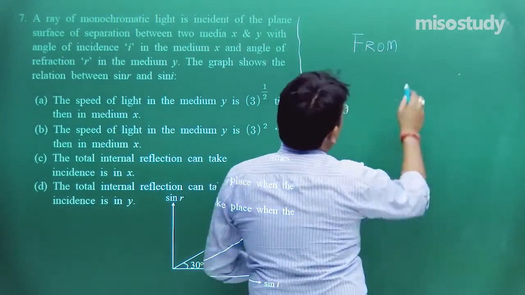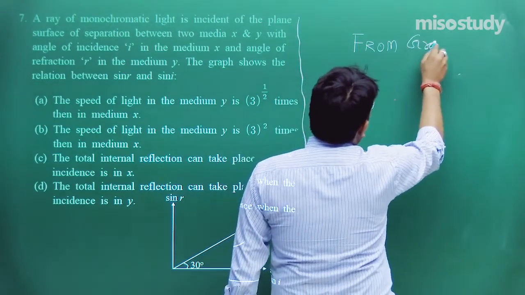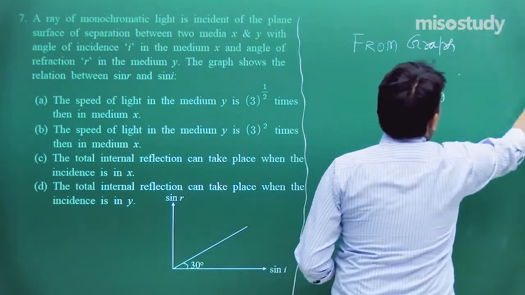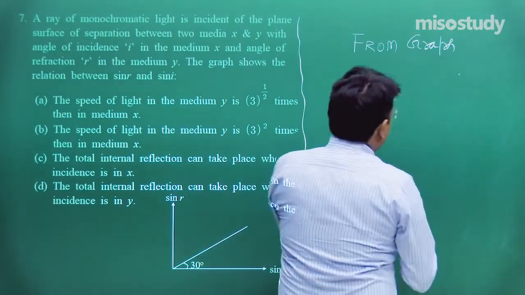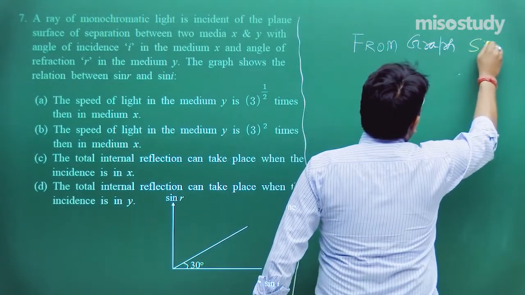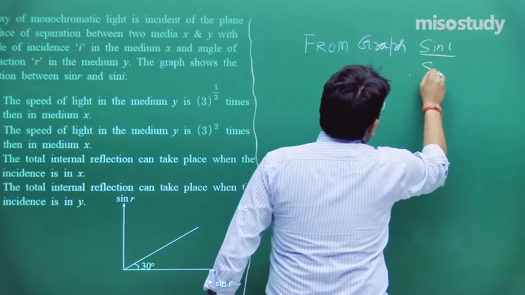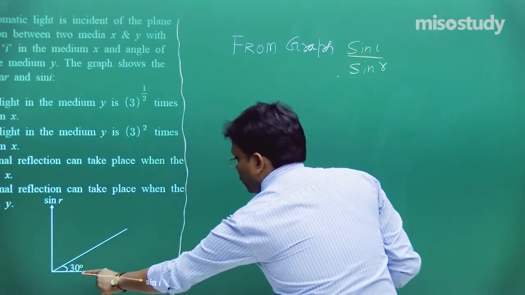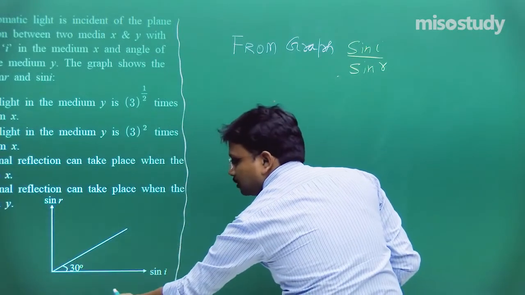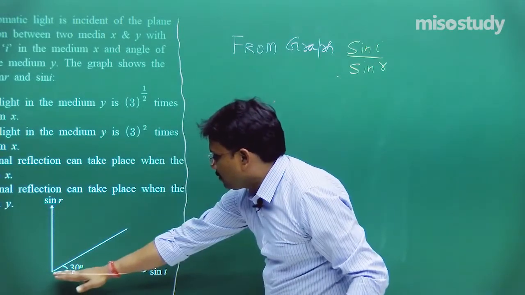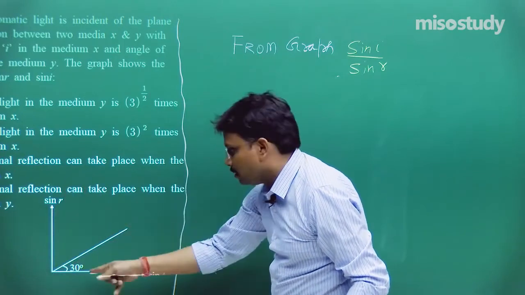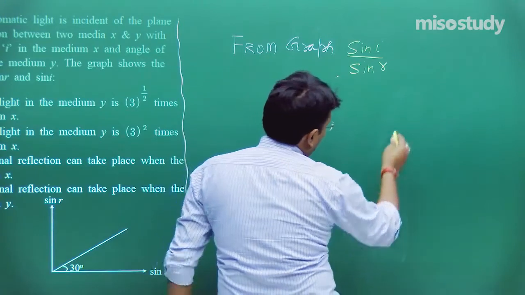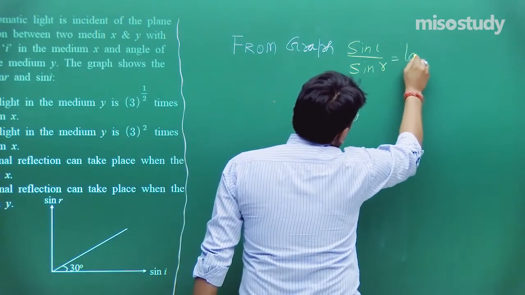From the graph, what is mentioned is that sin I upon sin R is equal to tan 30, with base and height making a 30 degree angle.